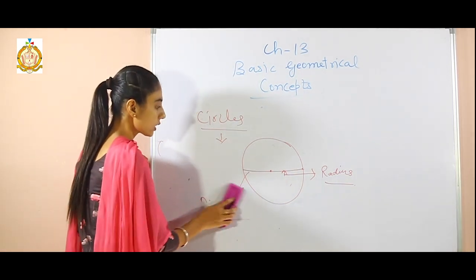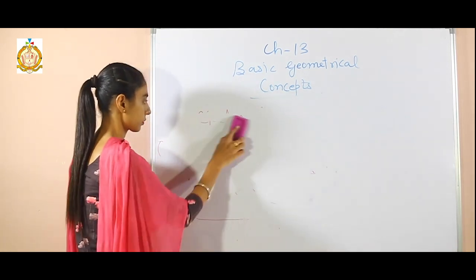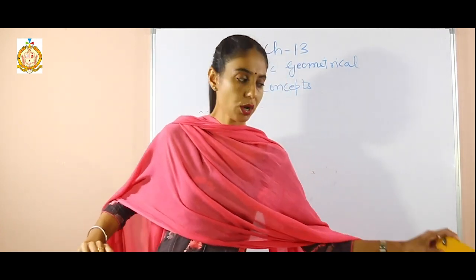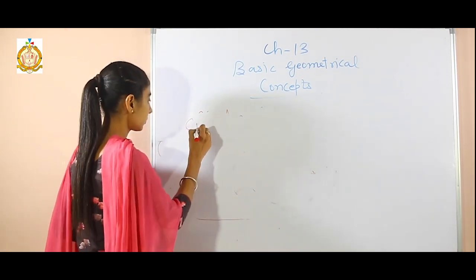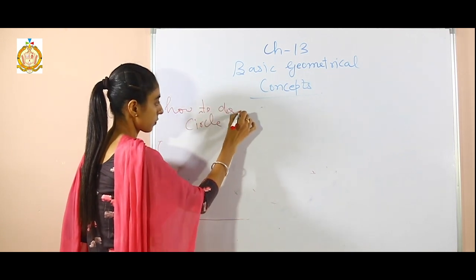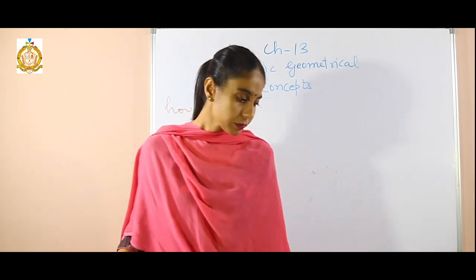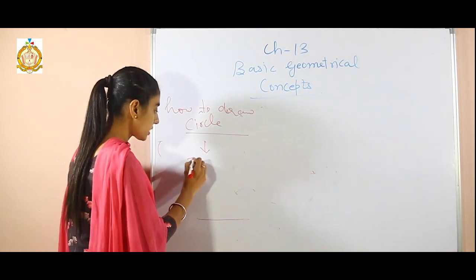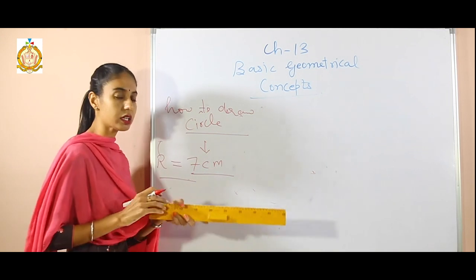So how will we draw a circle? To draw a circle, you need a compass. First of all, suppose you want to draw a circle with radius 7 centimeter.